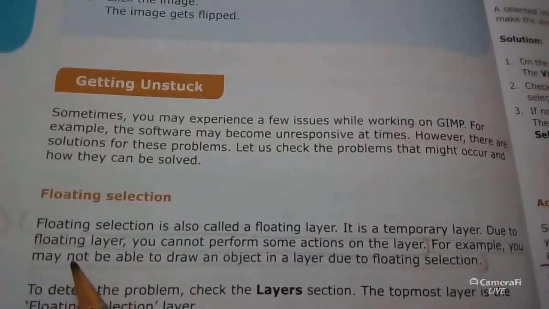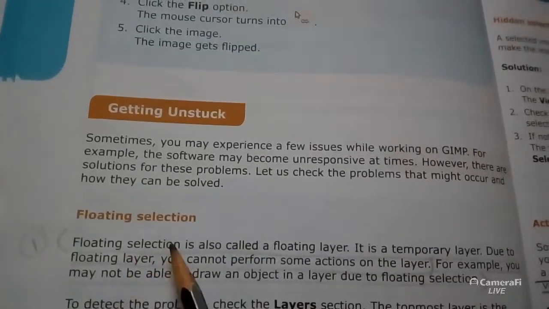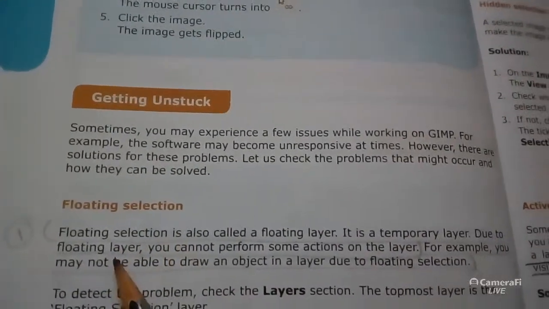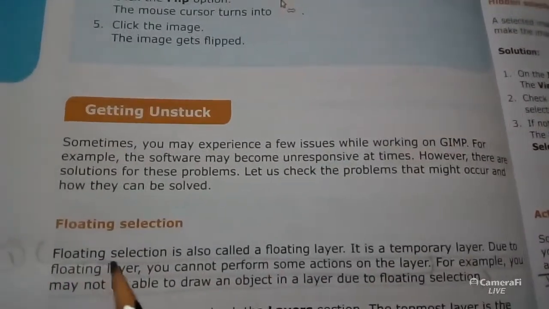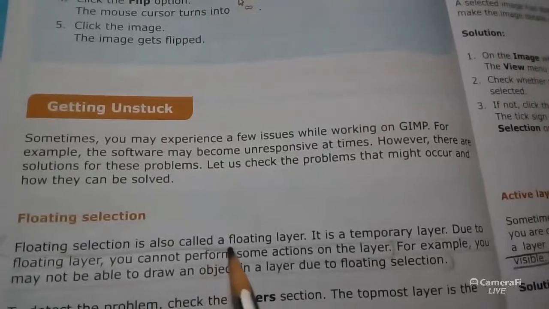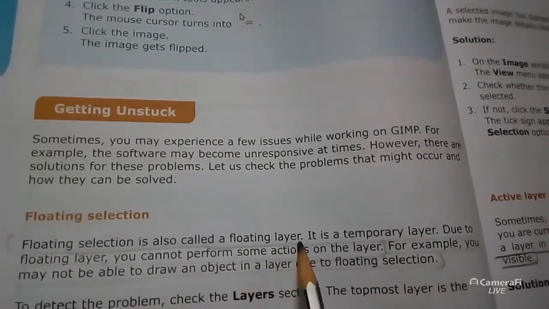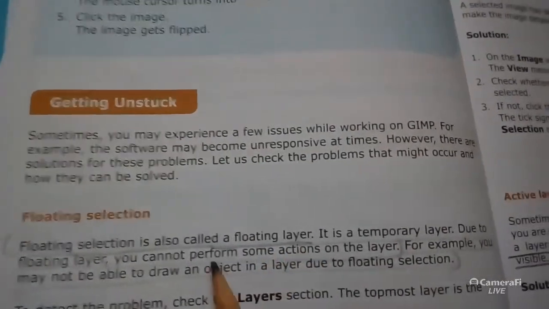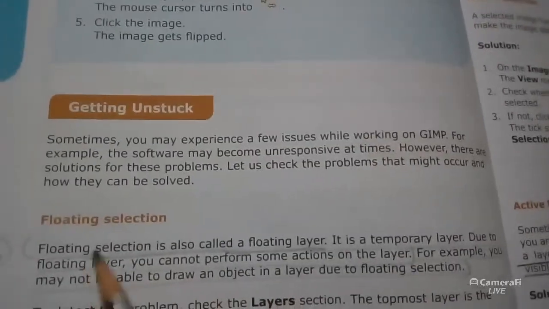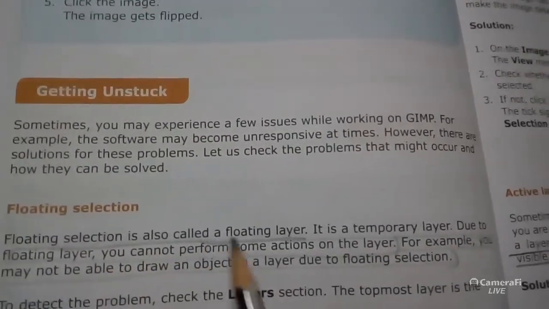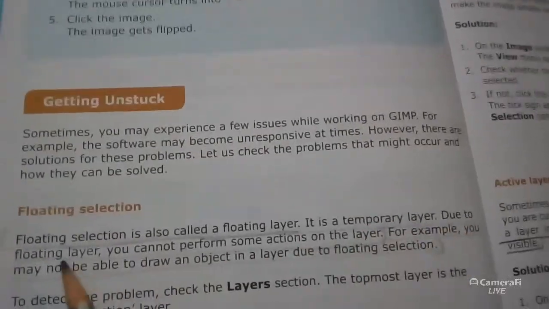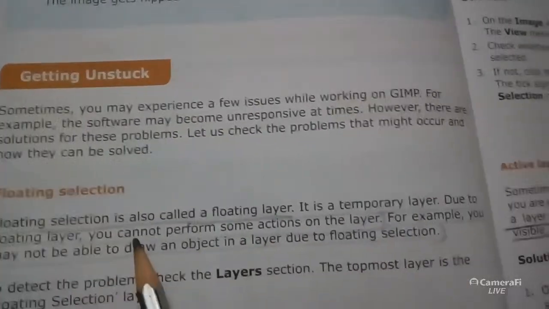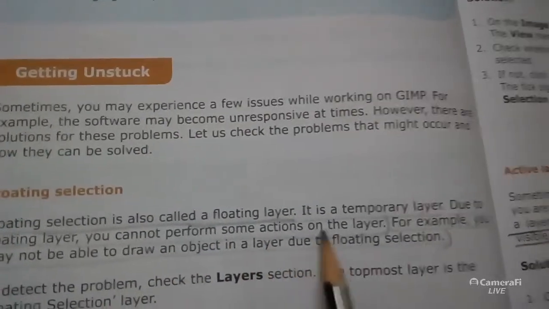First one is floating selection. Floating selection is also called a floating layer. Remember this line. This is a very important line. There may be one question: what is a floating layer? The floating selection is also called a floating layer. It is a temporary layer. Due to the floating layer, you cannot perform some actions on the layer.